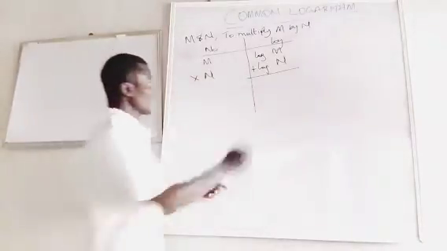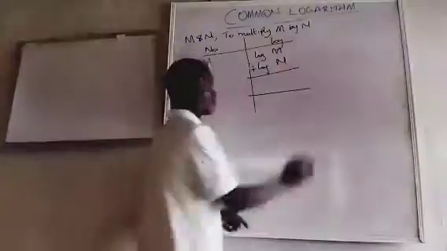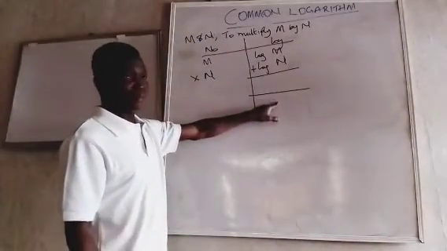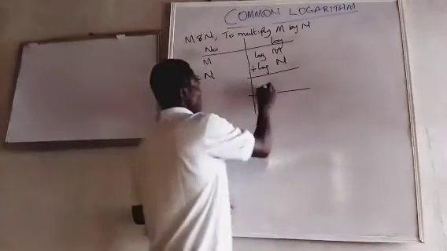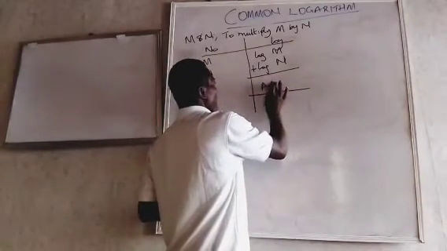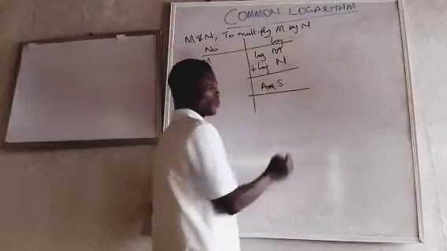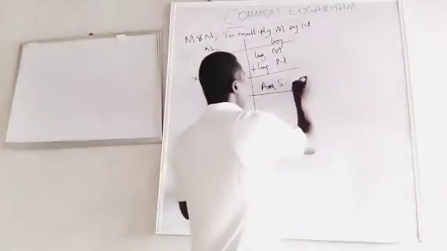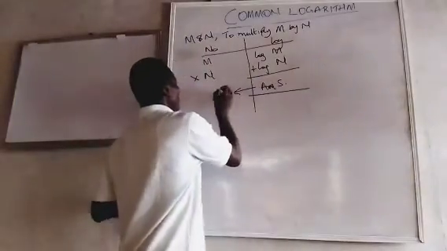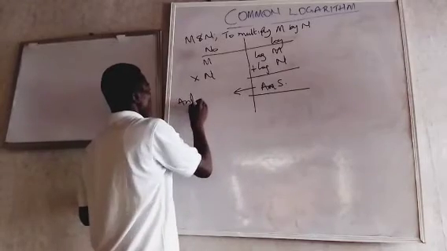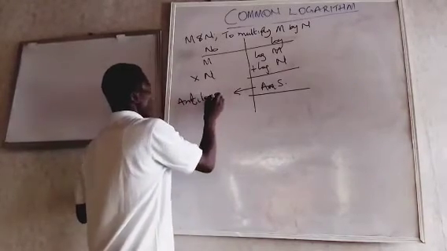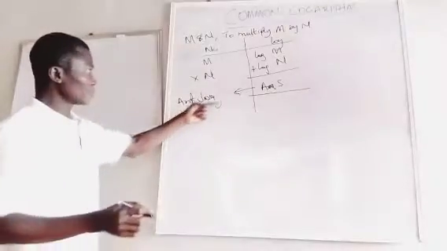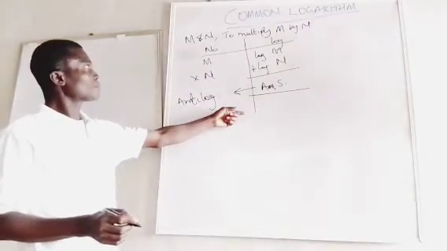You've gotten that? Once we add, our answer is here. This answer, we are going to find the antilog. That's how we get it. Simple.